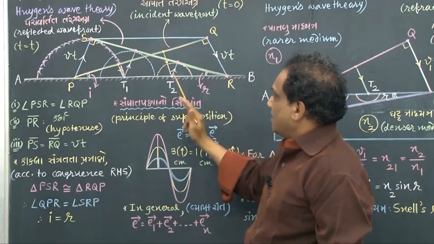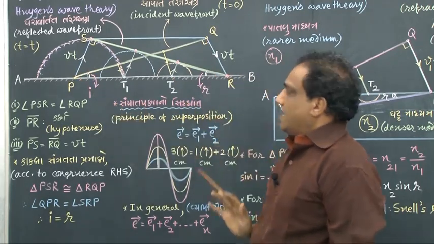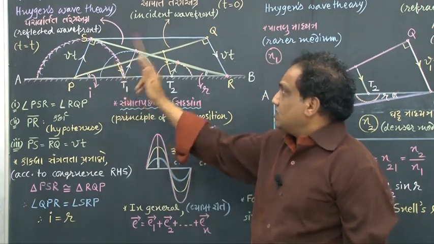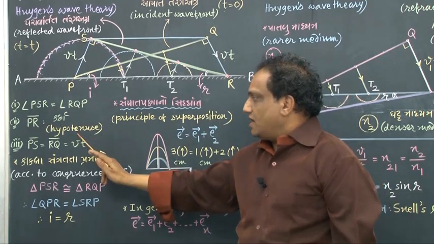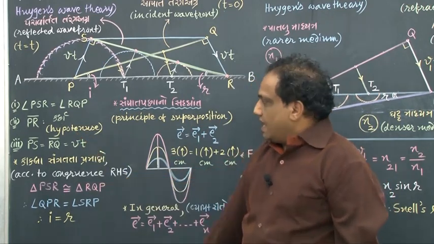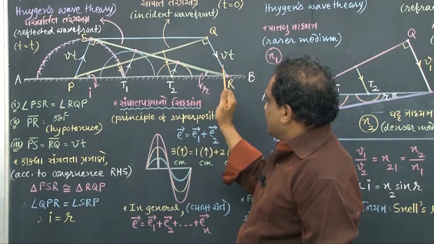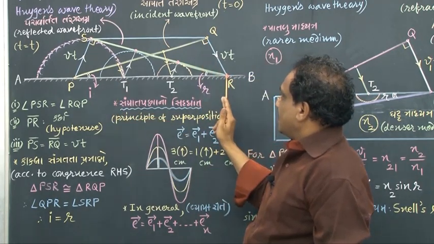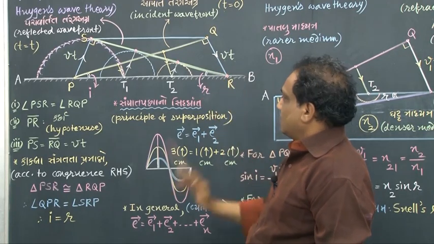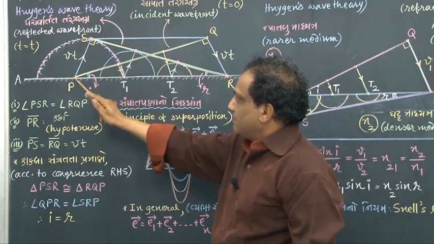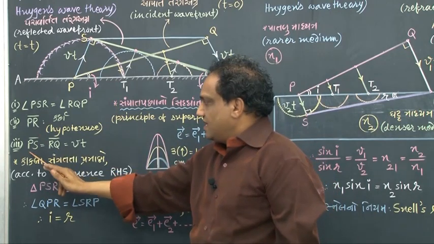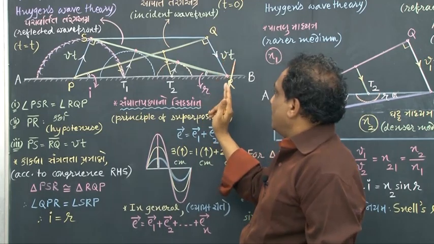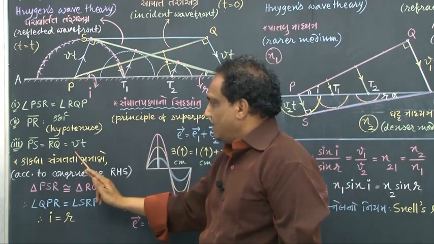Here also, opposite to the right angle will be this hypotenuse. Because both are the same, you can say these two triangles have the same common hypotenuse. And whatever is this measurement, the same is this measurement. So the measurement of this side, QR, will be equal to this side, PS. So line segment PS equals line segment QR, and both of them are equal to v into t.